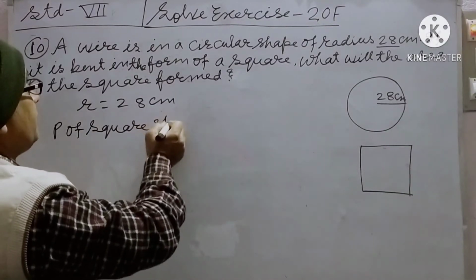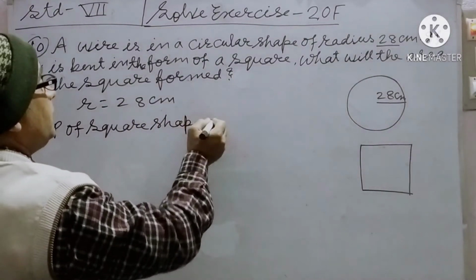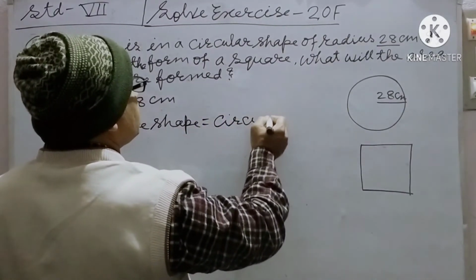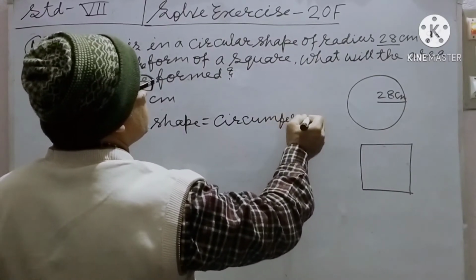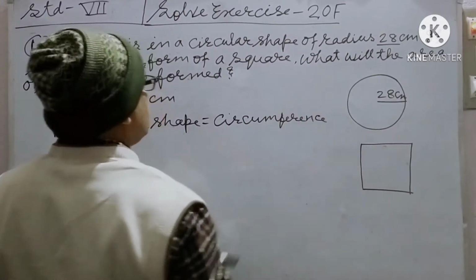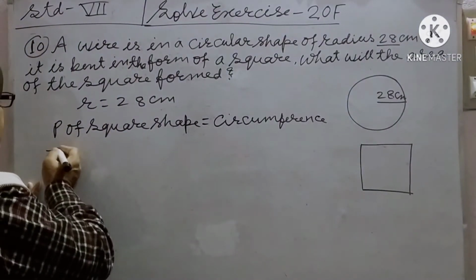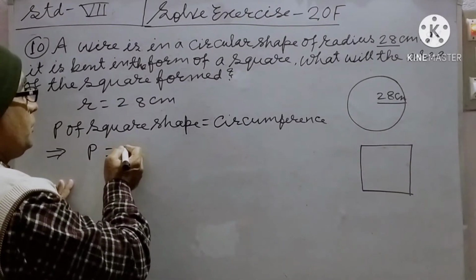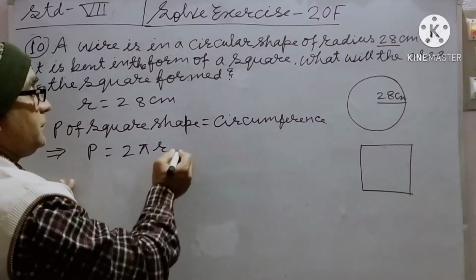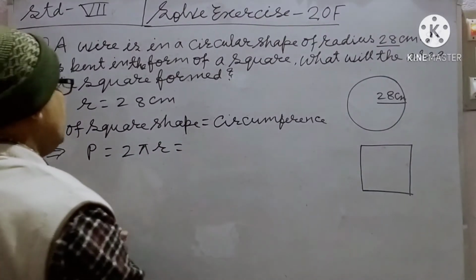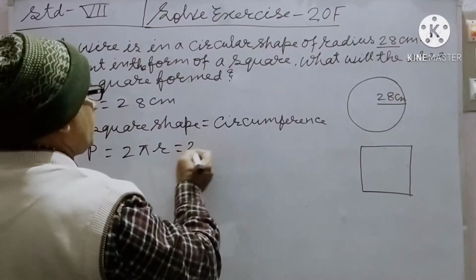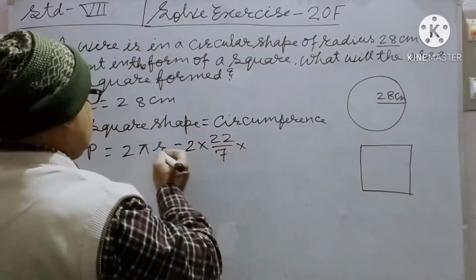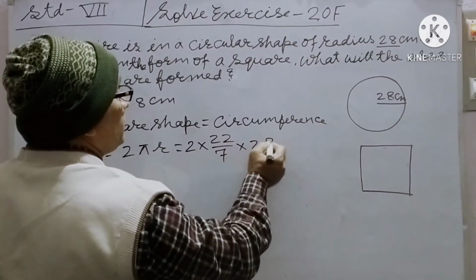Perimeter of a square shape equal to circumference. That implies P equal to 2 pi r equal to 2 into the value of pi is 22 by 7 into r equal to 28.